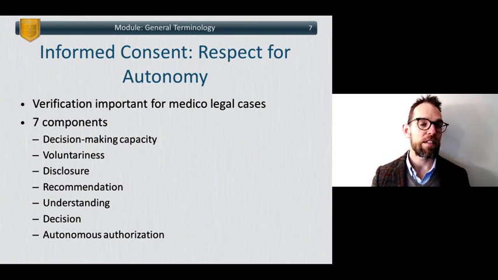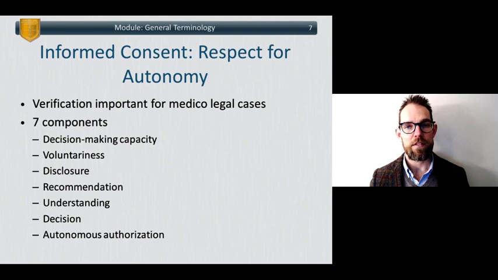It has to be a voluntary decision, can't be coerced. The patient has to disclose any risks. The proceduralist has to disclose risks. It offers our best recommendation for the procedure. The patient needs to demonstrate understanding of what he or she is about to go through. The patient needs to be able to make his or her own decision, and the patient has to imply autonomous authorization.